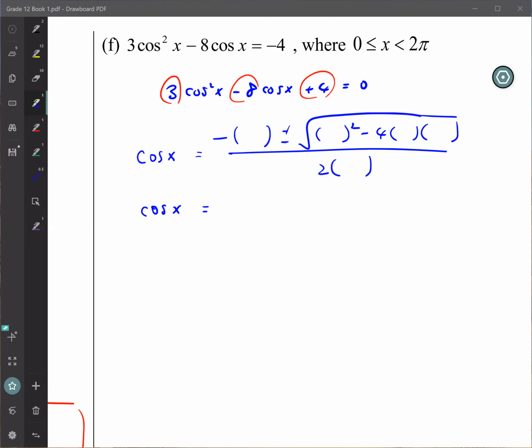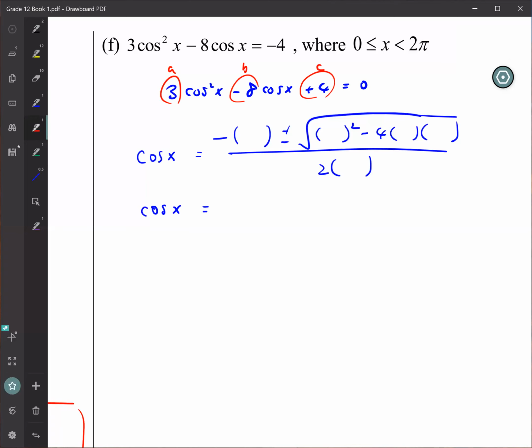Take a look and fill in the numbers, A, B, C. Have you found the answer yet?